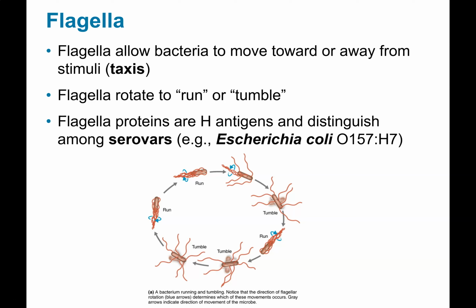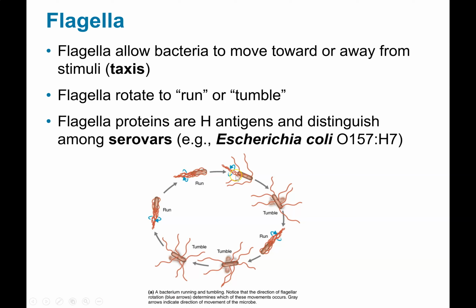If they're moving towards something, it's called positive taxis, and it could be chemotaxis if they're moving towards a chemical, or phototaxis if they're photosynthetic and want to move towards light. You can also have negative taxis, and generally that would be a negative chemotaxis where they may be moving away from a harmful chemical like an antibiotic or something.